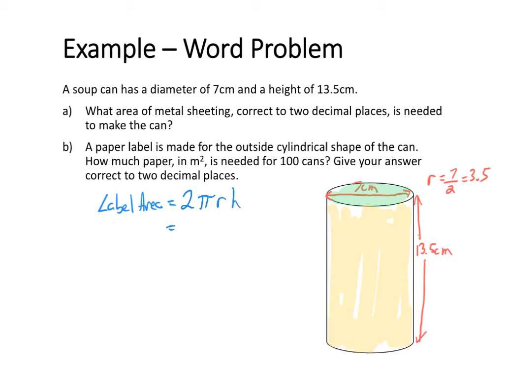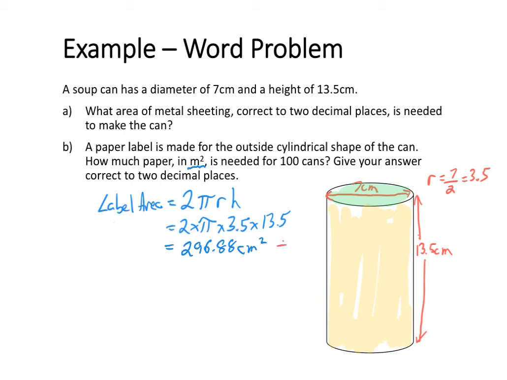Substituting in our values, it's going to be 2 times pi times 3.5 times 13.5, which using our calculator is going to equal 296.88 centimeters squared. Now, we don't want our answer in centimeters squared. The question is talking about meters squared. So we need to go ahead and convert that to meters squared.